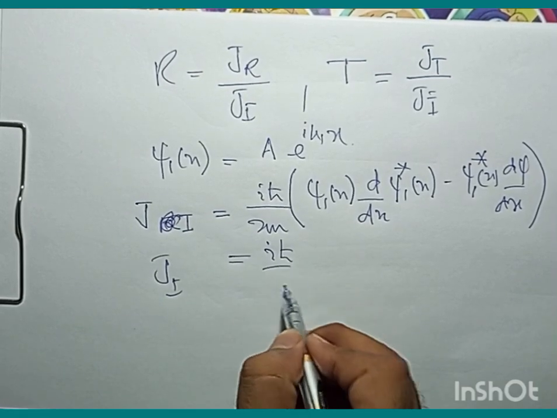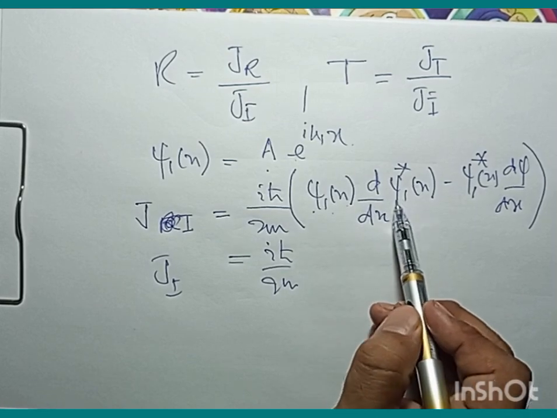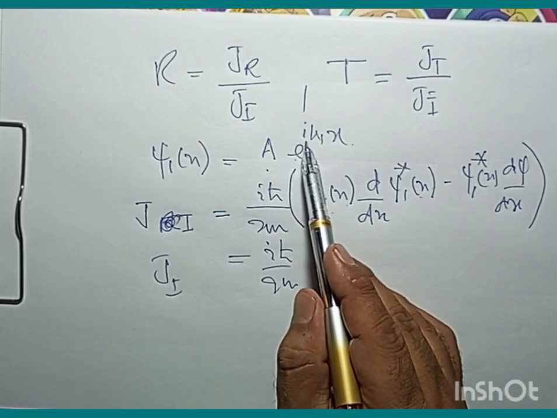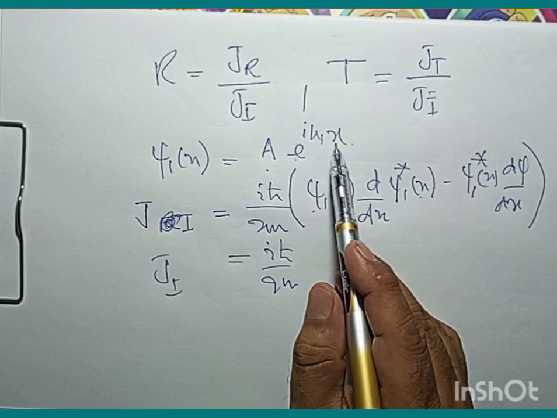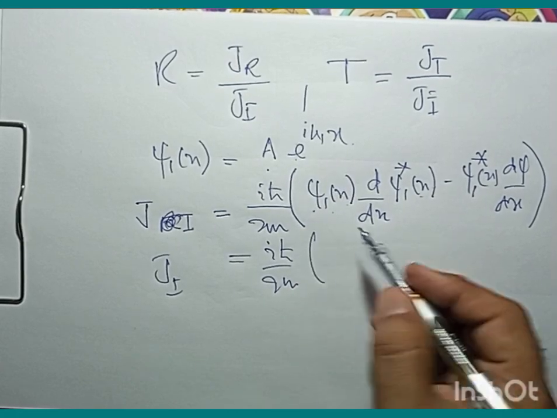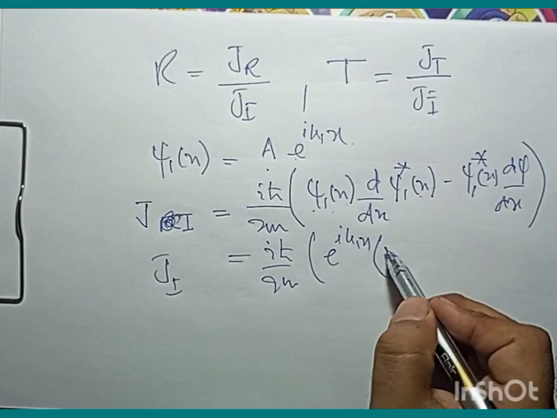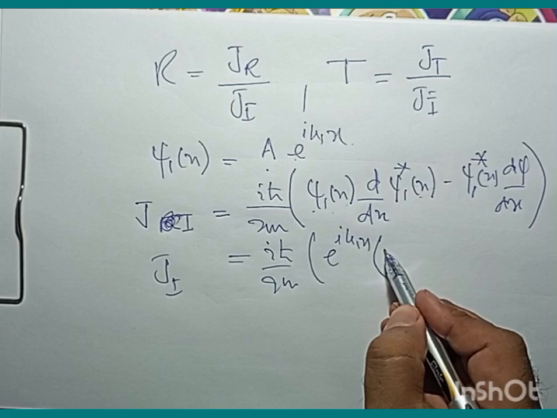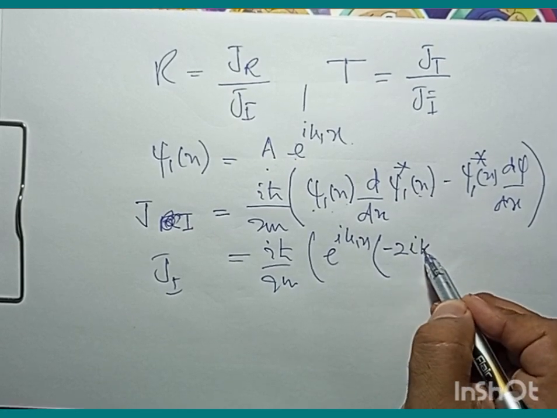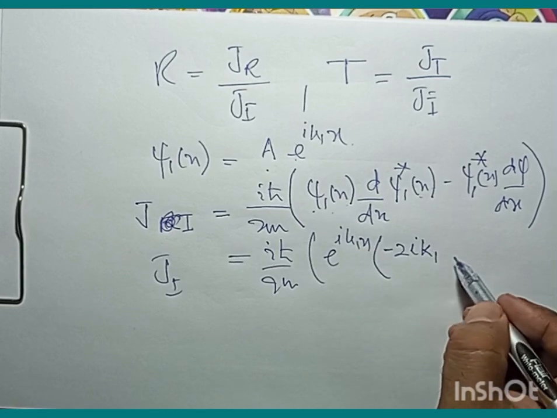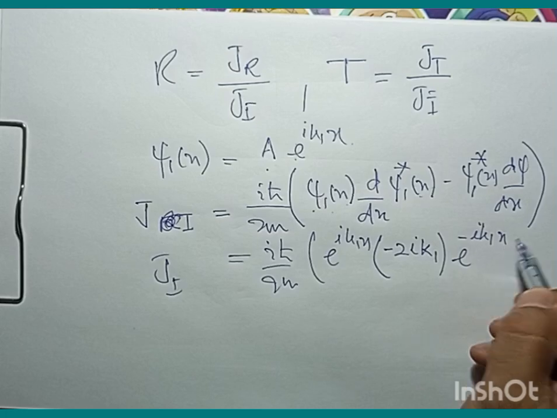This is i h cross by 2m. So psi 1 of x is this, and the derivative of psi 1 star, where star means e to the power of minus i k1 x. On differentiating it, you will have the same exponential function multiplied. So here I will have e to the power of i k1 x times the derivative of the complex conjugate, which is minus i k1, e to the power of minus i k1 x.